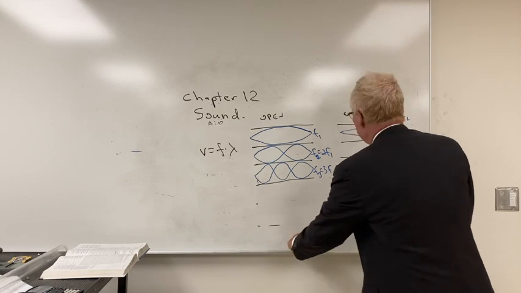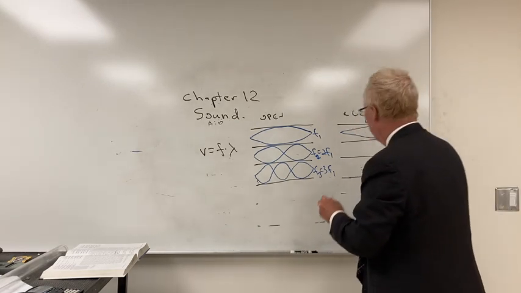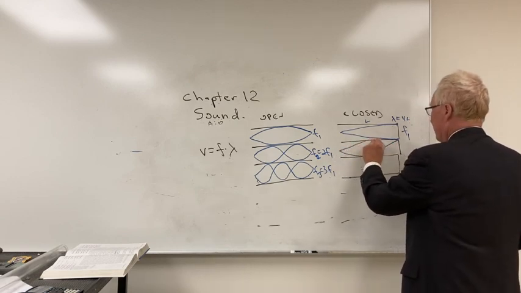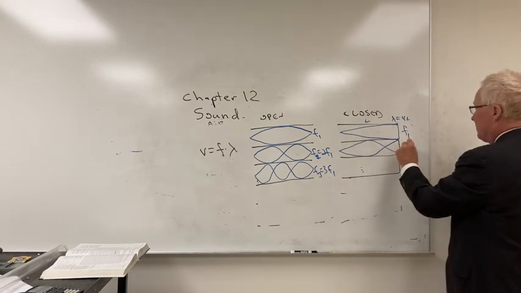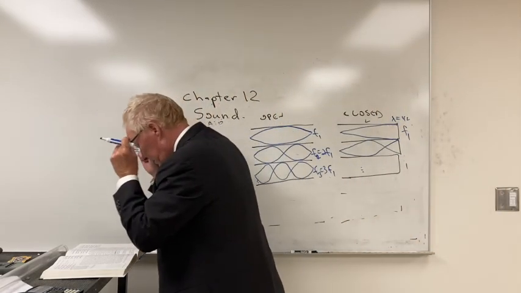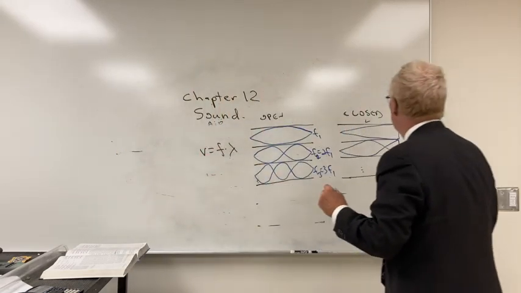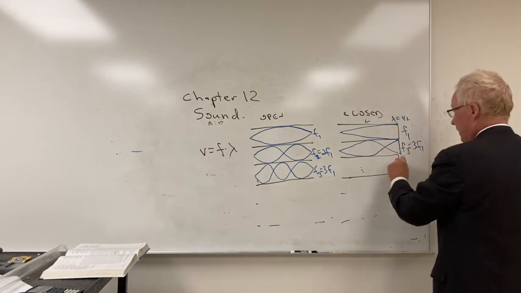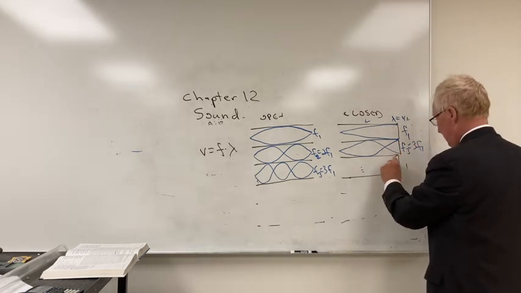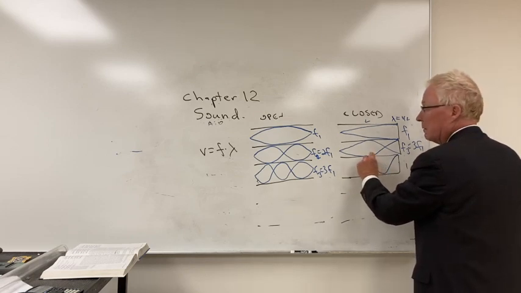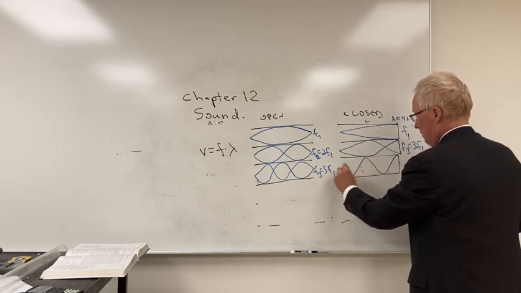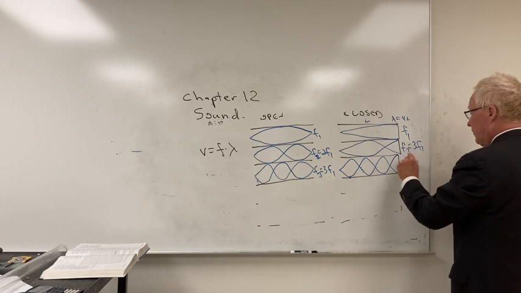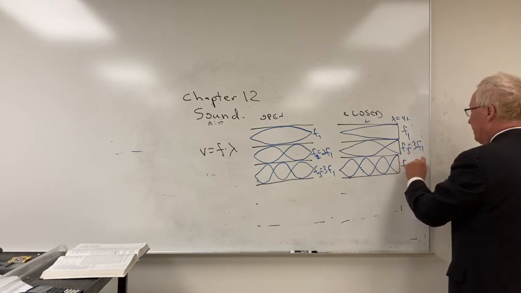Then the next one will be this. And this next one is actually going to be the third harmonic. And then the next one is going to be F5, 5 times F1.